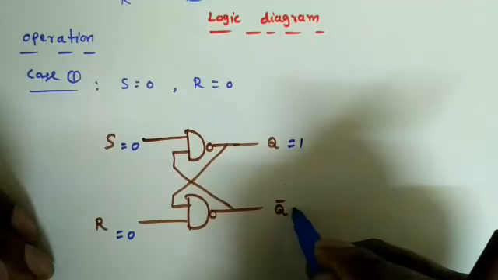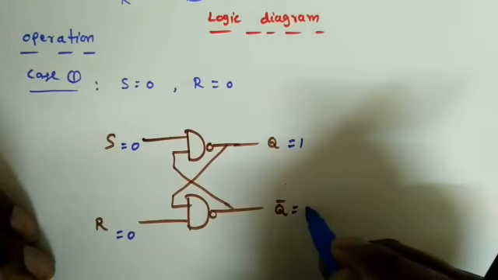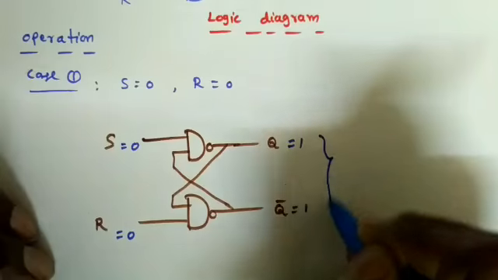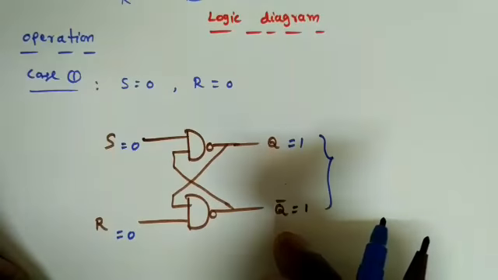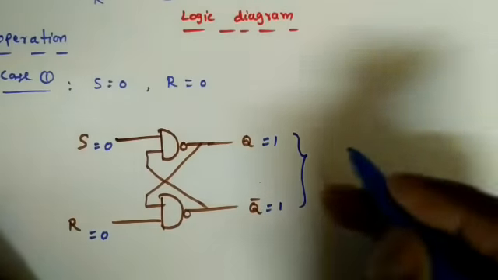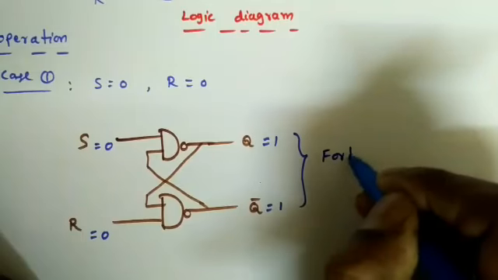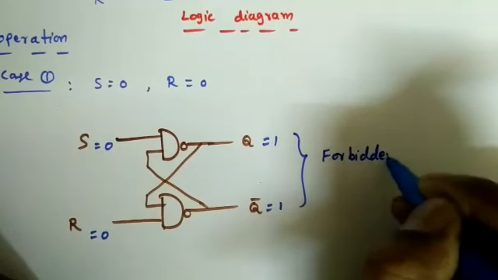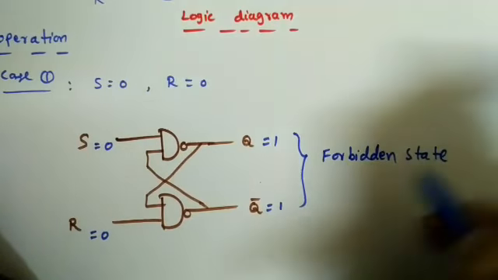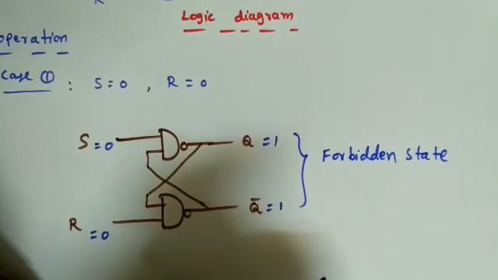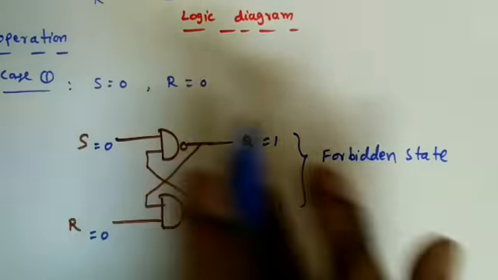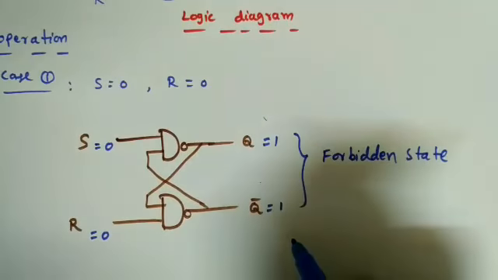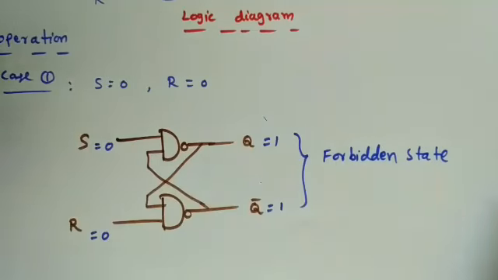So Q is equal to 1, and here also 0, so Q bar is equal to 1. Is it possible? Always these two should be complements of each other. So this is the forbidden state, or we cannot allow these input combinations. That's why we say forbidden state or undefined state, right?